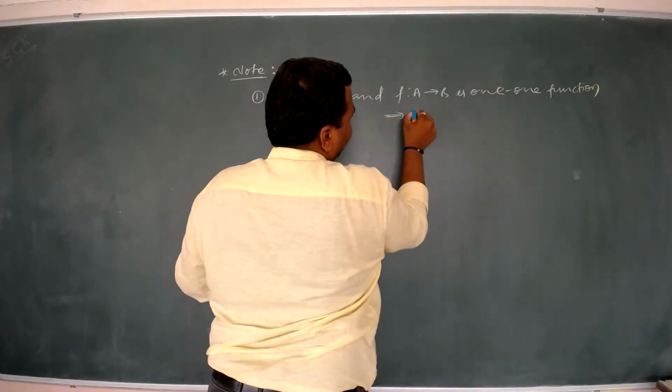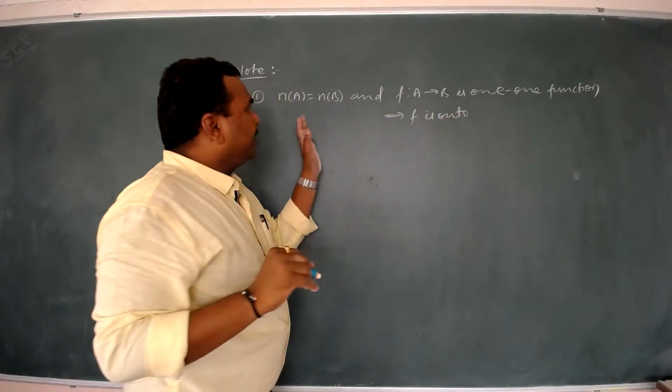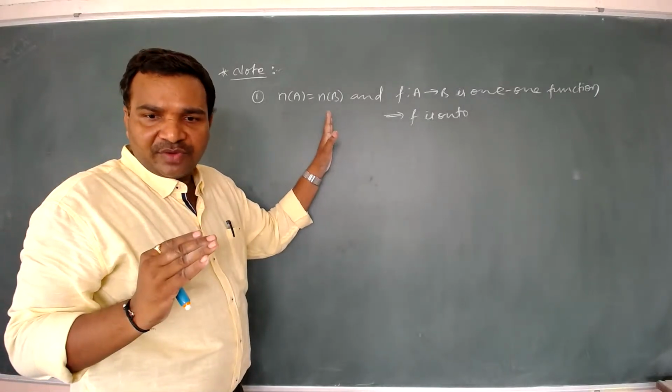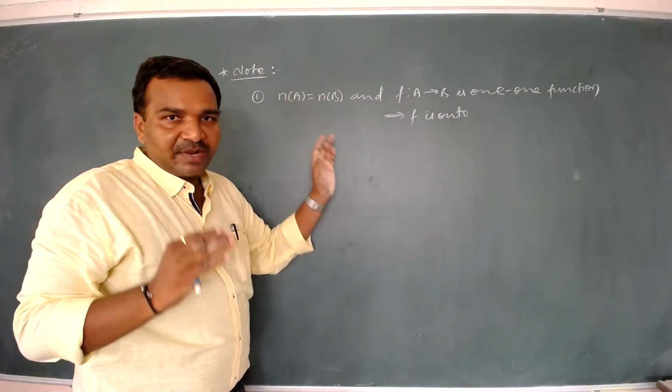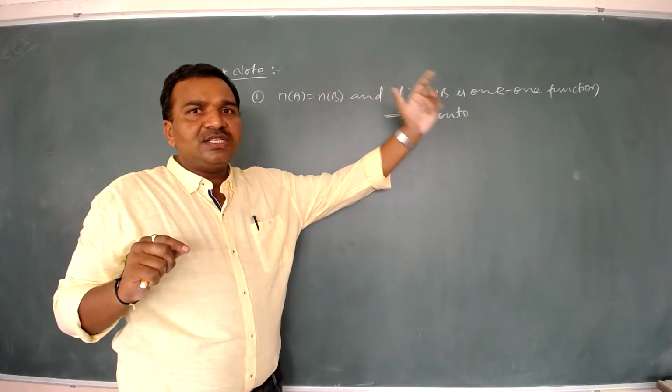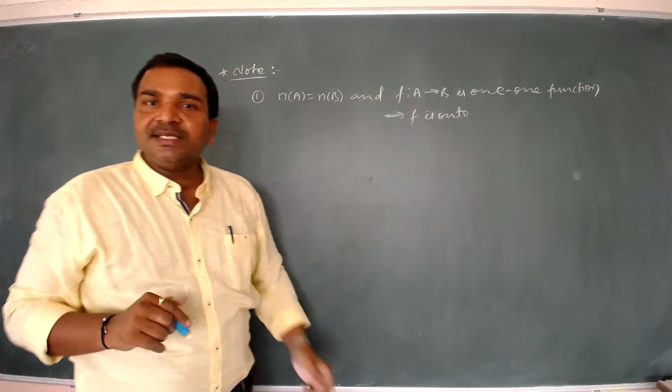In class, f is onto means A and B are having the same number of elements, n of A equal to n of B. Both the sets have the same number of elements. If the function is 1-1, then no need to check. It is already clearly onto.